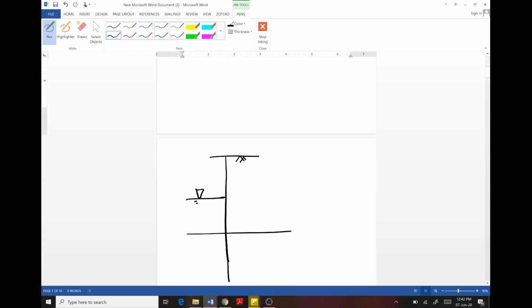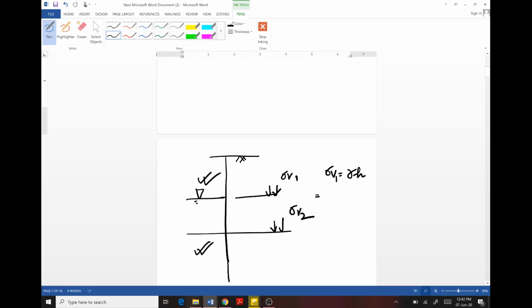This layer is granular soil, and this is cohesive soil. So again we will determine the overburden pressure at this level, which is sigma V1, and the overburden pressure at this level, which is sigma V2.